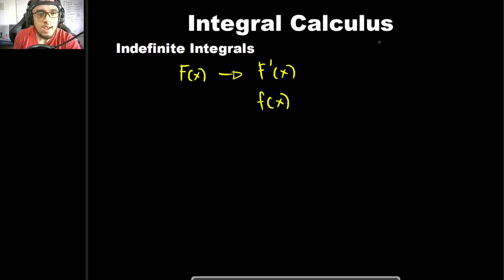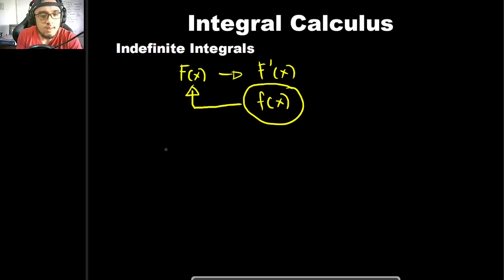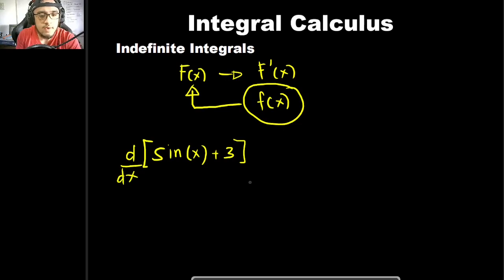In integral calculus, what we do is, once again, the inverse process. If you get the integral of this, you arrive at an answer very similar to this one. So let's have an example. Suppose that we get the derivative of sine x plus 3, so d over dx of sine x plus 3.